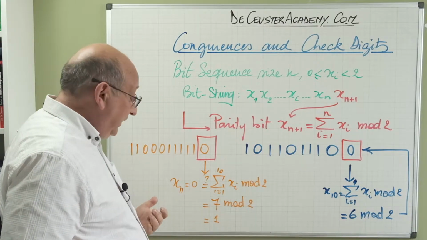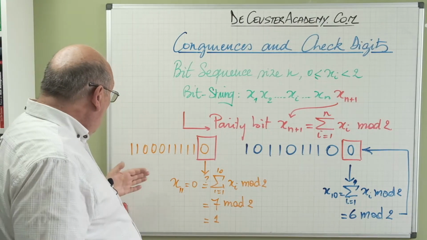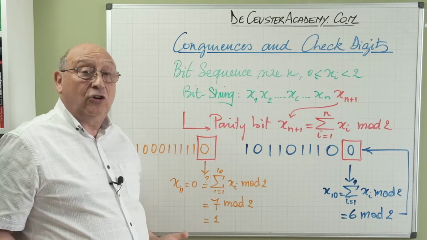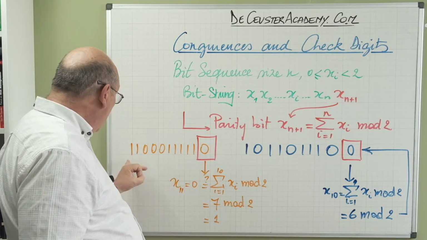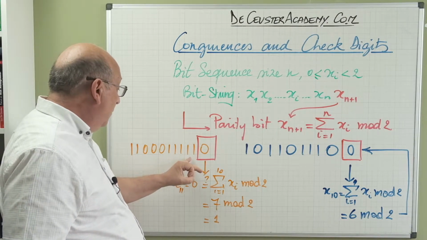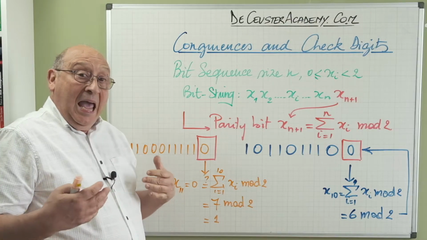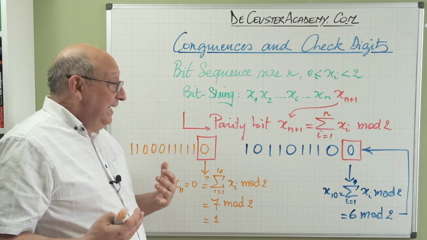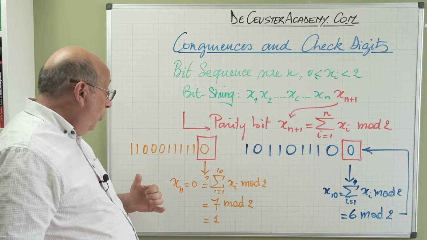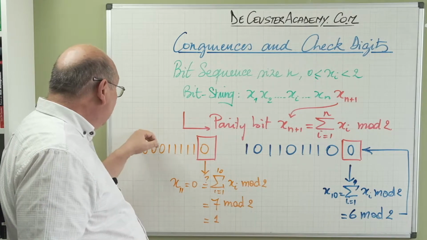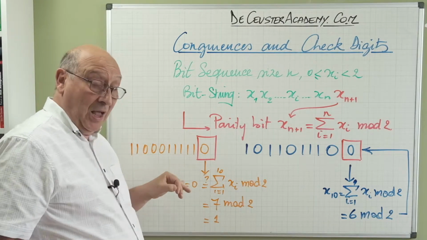On the other hand, we can find a way to verify if the string that we received is correct. So we received this string 1 1 0 0 0 1 1 1 1 1 0, and now we have to say, is the parity bit that we have correct, or does this parity bit correspond with this string?